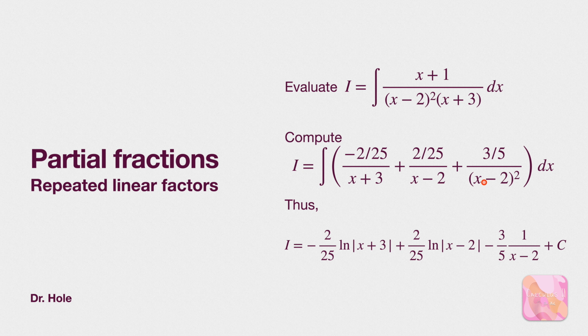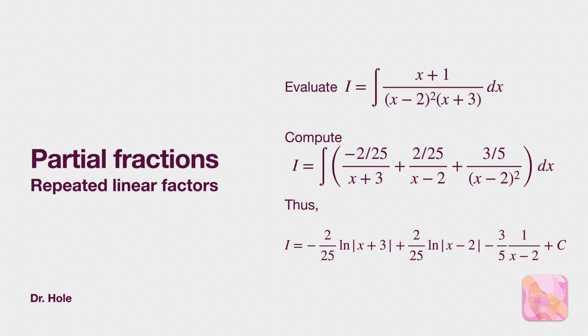And then using a u substitution for the x minus 2 quantity squared, letting u equal x minus 2, that'll be u to the negative 2, which will integrate up to negative 1 over u. Beautiful. That finishes that integral.